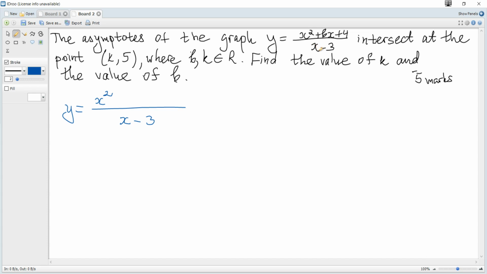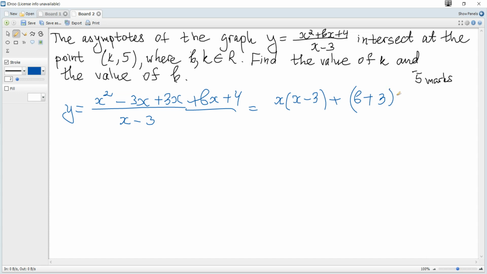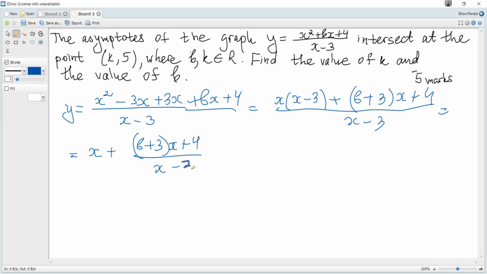So I can see x minus 3, and there is x squared, so I can subtract 3x and add 3x, so that I get x times x minus 3 plus b plus 3 x plus 4 over x minus 3, and if I split into two fractions, it becomes x plus b plus 3 x plus 4 over x minus 3.